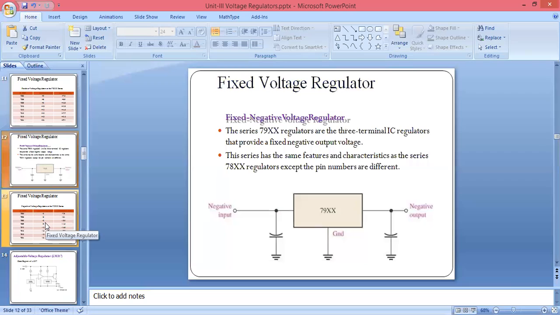And if you see the structure, features, and characteristics of 78XX and 79XX, all are the same, except the pin numbers, because in 78XX we are giving the positive input and taking the positive output, but in 79XX we are giving negative input, and at the output we will get negative output voltage.